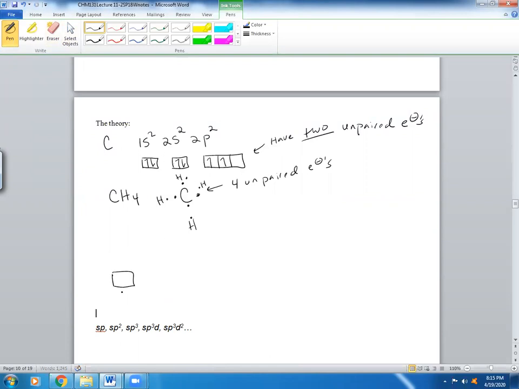So you have the 2s and you have the 2p. The 1s, remember, is in the core shell, so it's not involved in bonding. So we're not showing it.